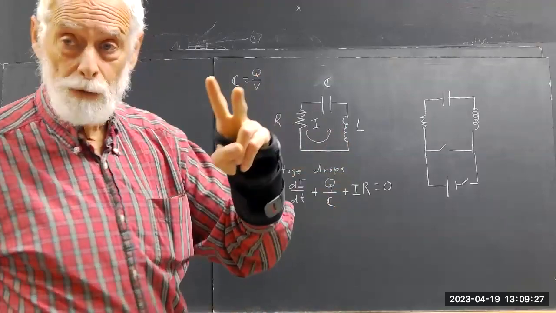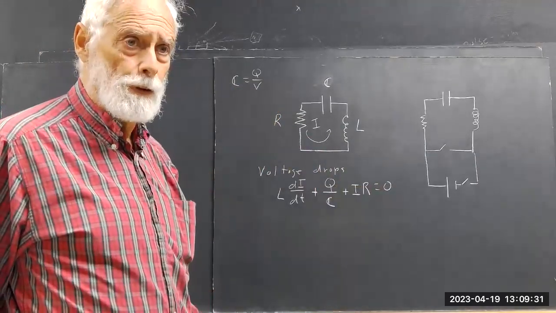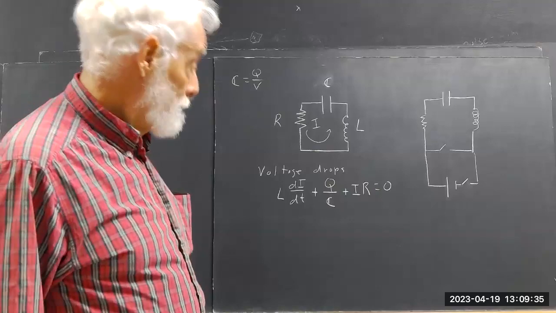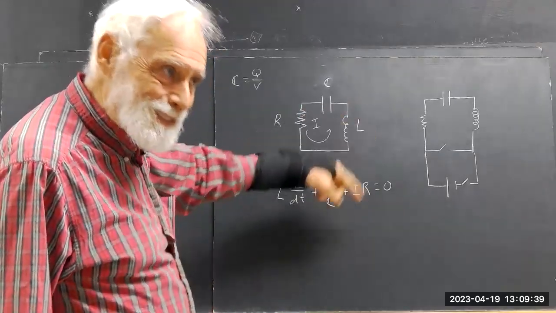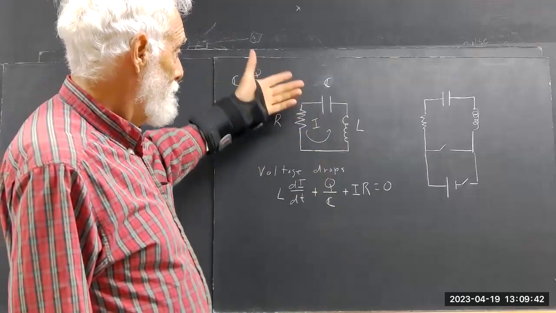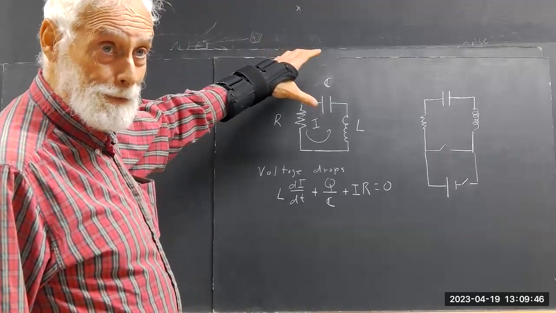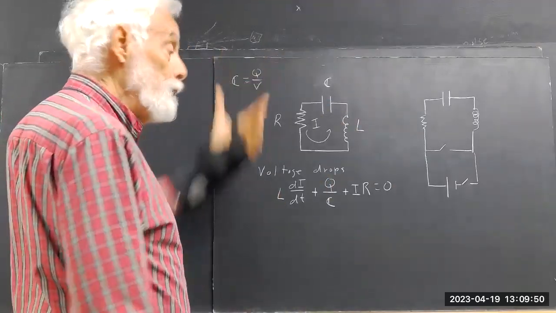So there are two variables. You don't want to have to solve this equation with two variables. Well, it's pretty easy to fix that. Your current is just the rate at which charge is being deposited on the capacitor or moved off the capacitor. In other words, I is just dQ/dt.